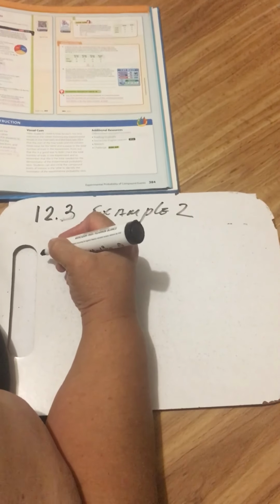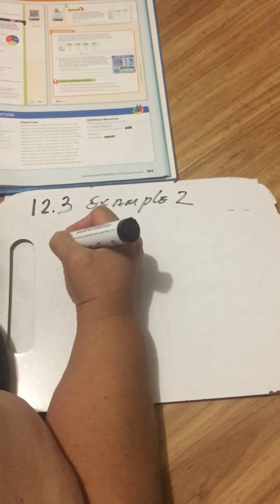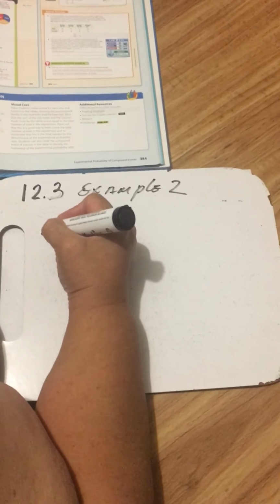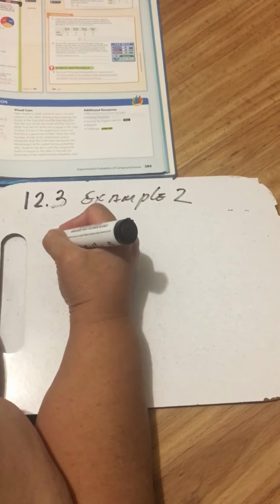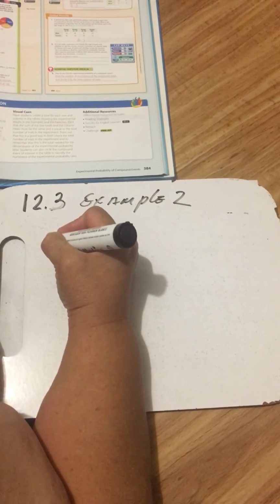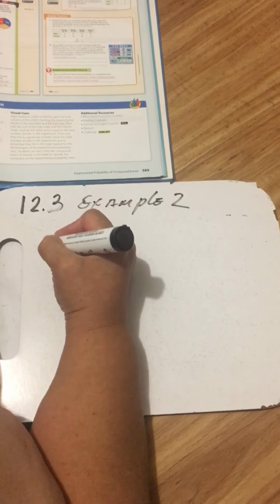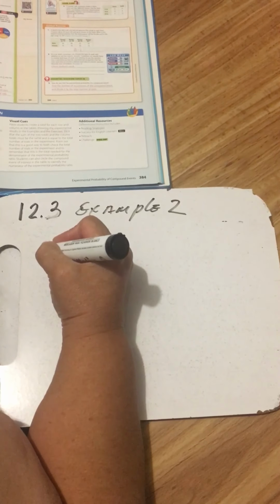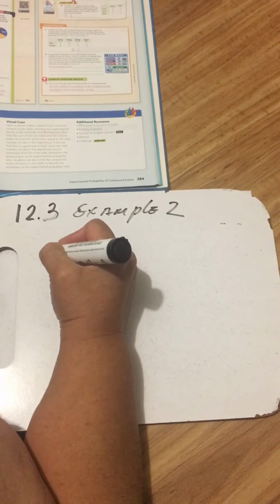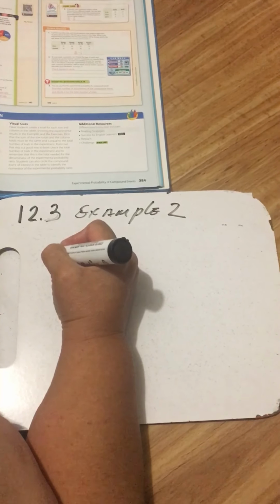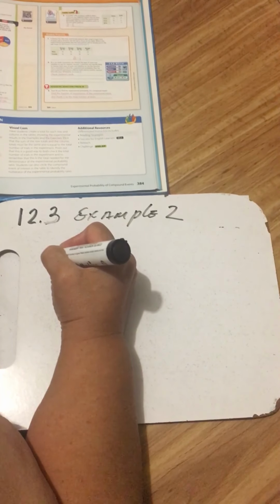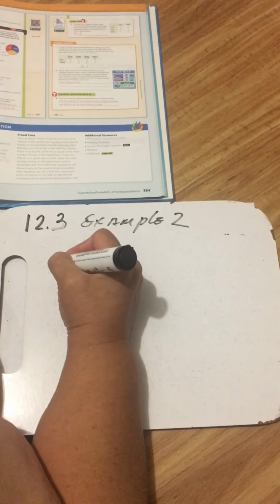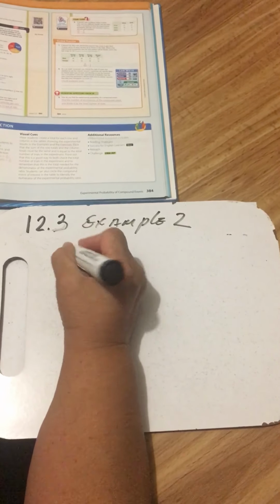At a street intersection, a vehicle is classified either as a car or a truck, and it can turn left, right, or go straight. About an equal number of cars and trucks go through the intersection and turn in each direction. Use a simulation to find the experimental probability that the next vehicle will be a car that turns right. Okay? Step 1.